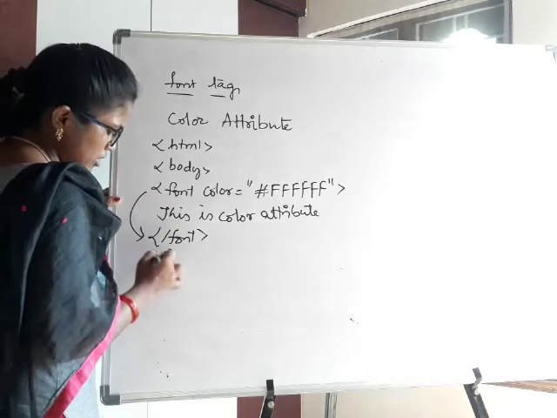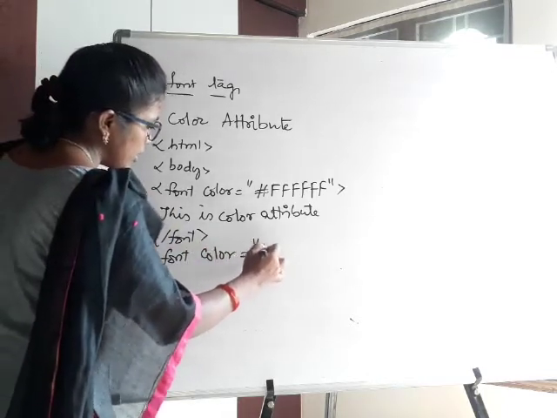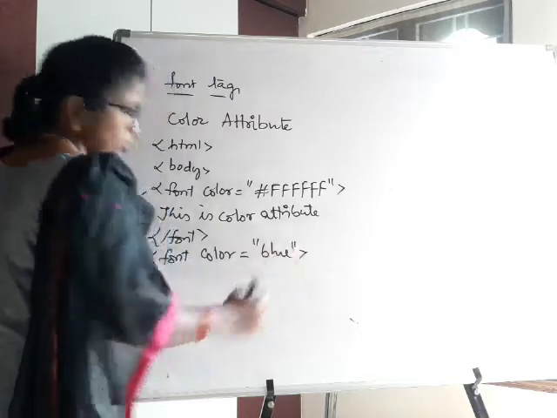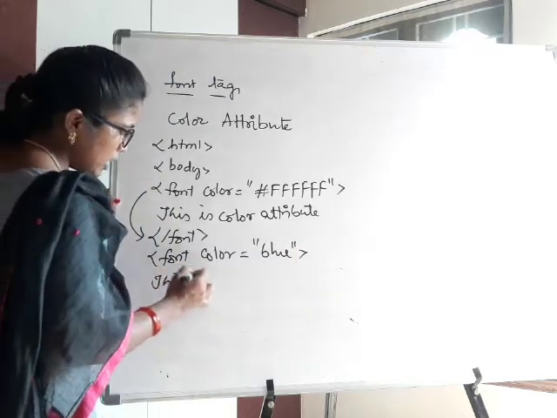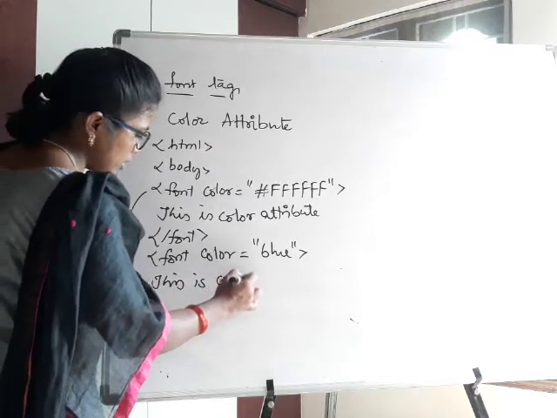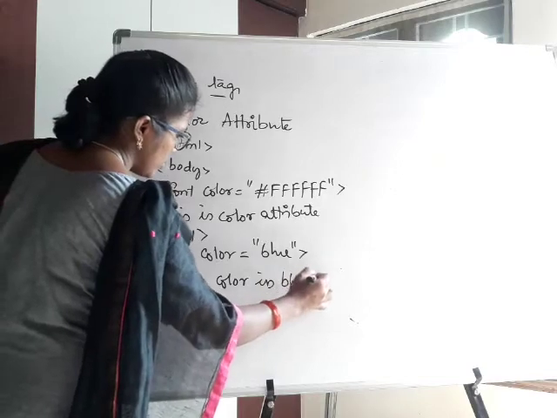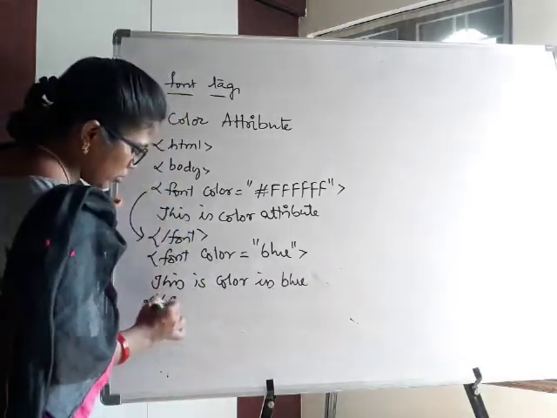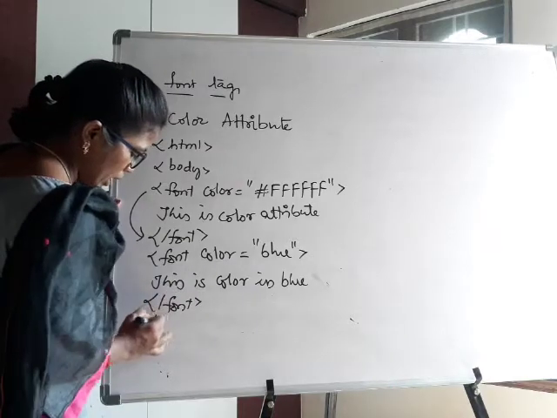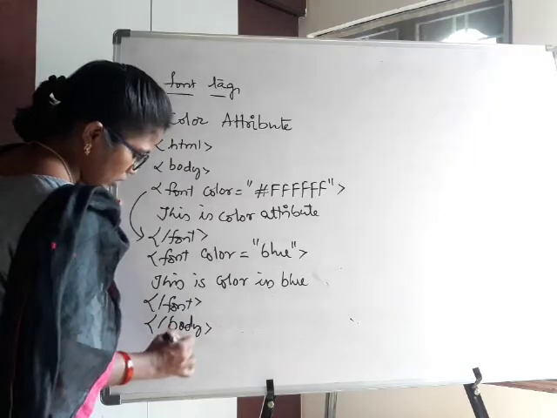Right? Next, font color, I can write like blue also. So next font is with blue in color. So this is color in blue. So close this font also and close the body and close the HTML.